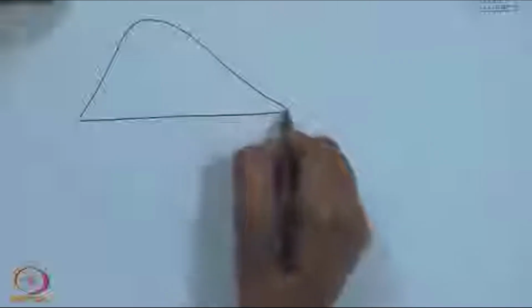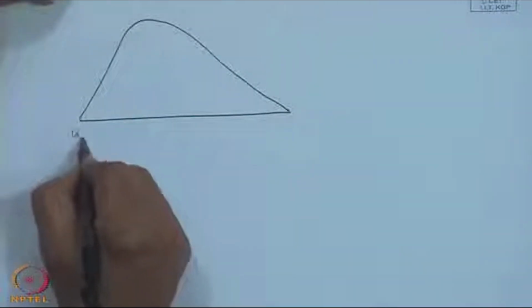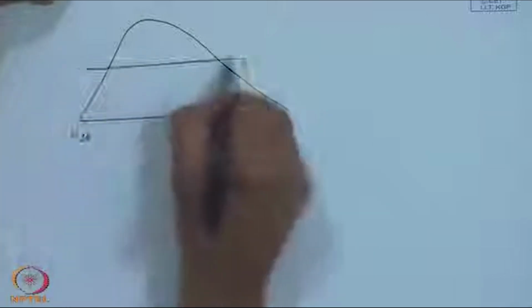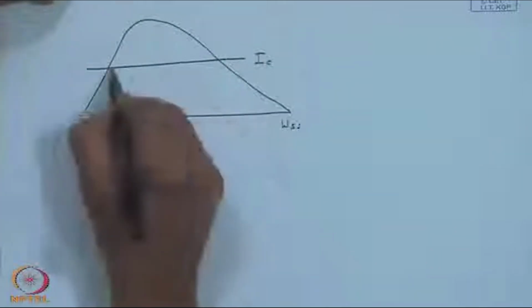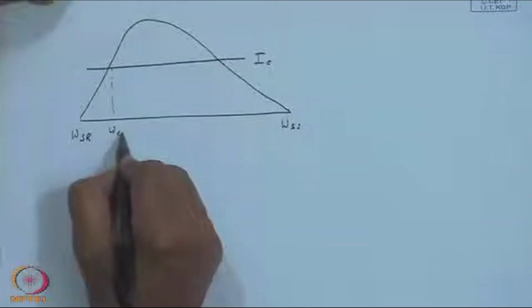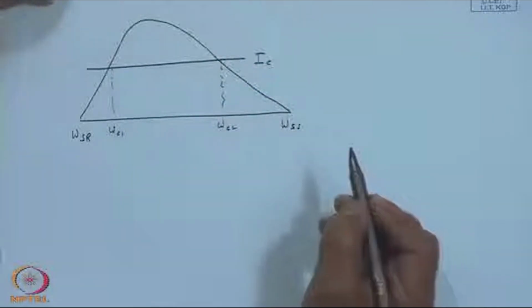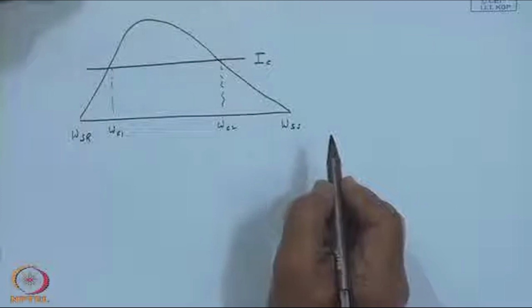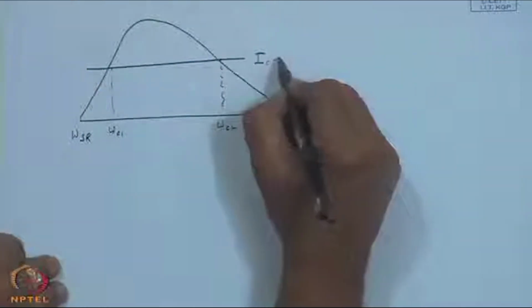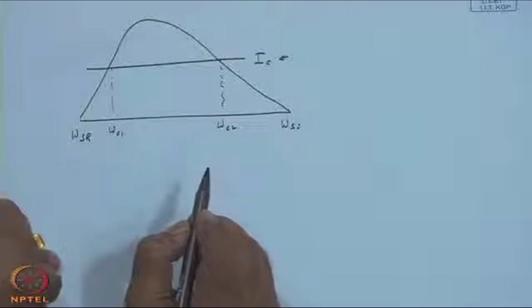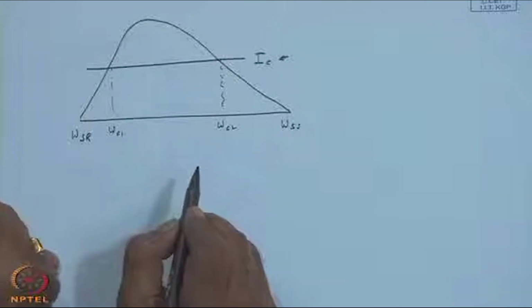Pictorially, if you have, let us say, gamma not equal to 0, this is omega SR, this is omega SS, and this is my IC. So, this will be omega C1 and this will be omega C2. You write down the equation for IT for the appropriate orientation, equate it to IC and solve for omega; you will get two values, which will be omega C1 and omega C2, right.